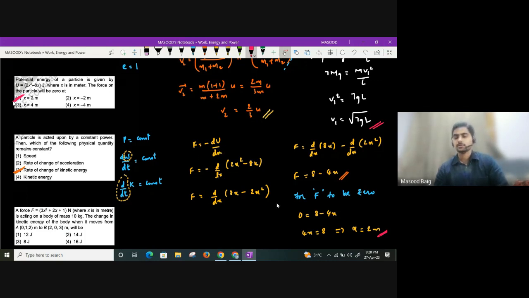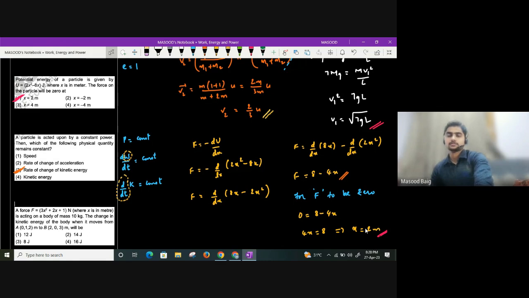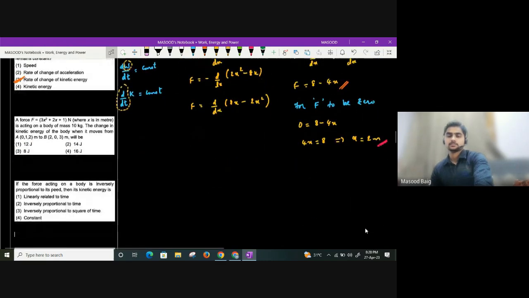Yes, so from there we can obtain the force as 8 minus 4x. And where will force become 0? At x equal to 2. Understood, everyone? Yes or no? Is that clear, all of you?